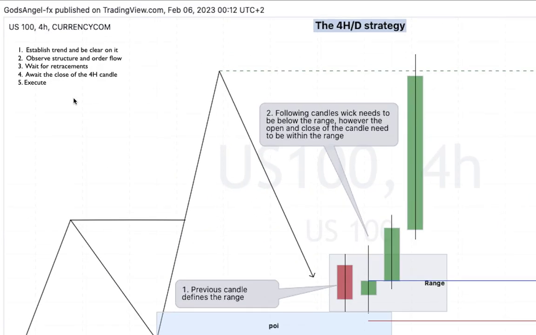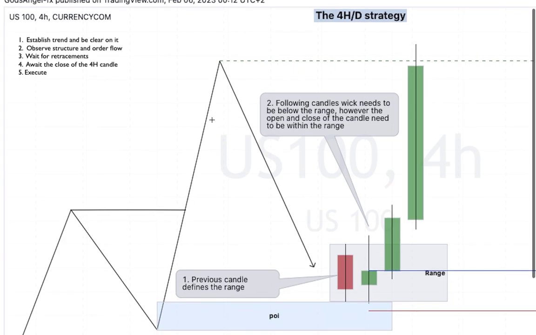And so it's a 5 rule based strategy, which is you first want to establish the trend and be clear on the direction of your market. If we're creating higher lows and higher highs, then we're obviously bullish in the trend as far as smart money would define.